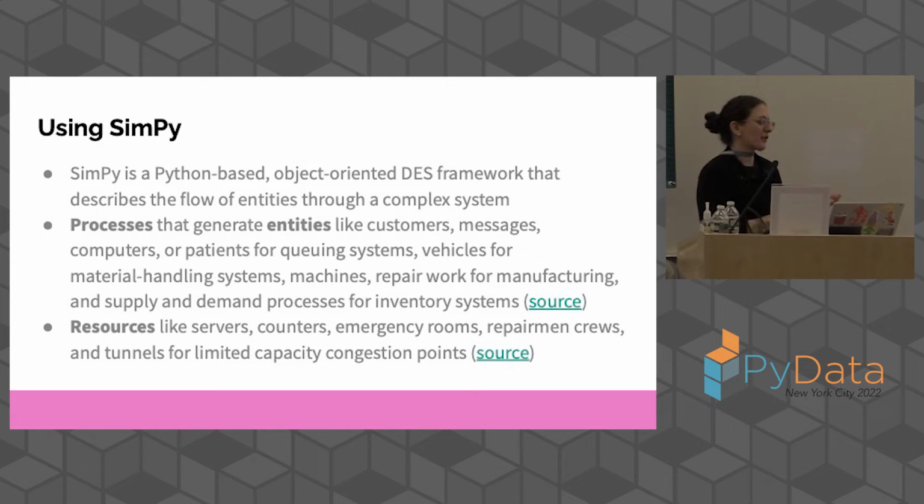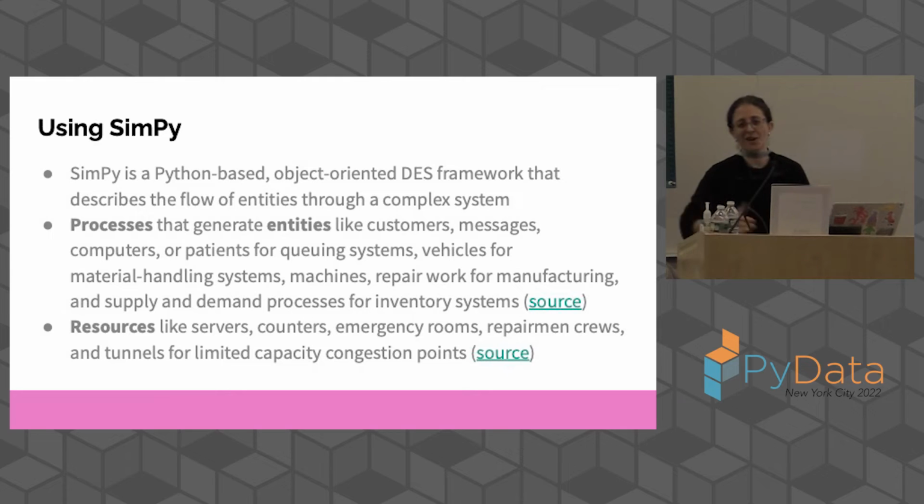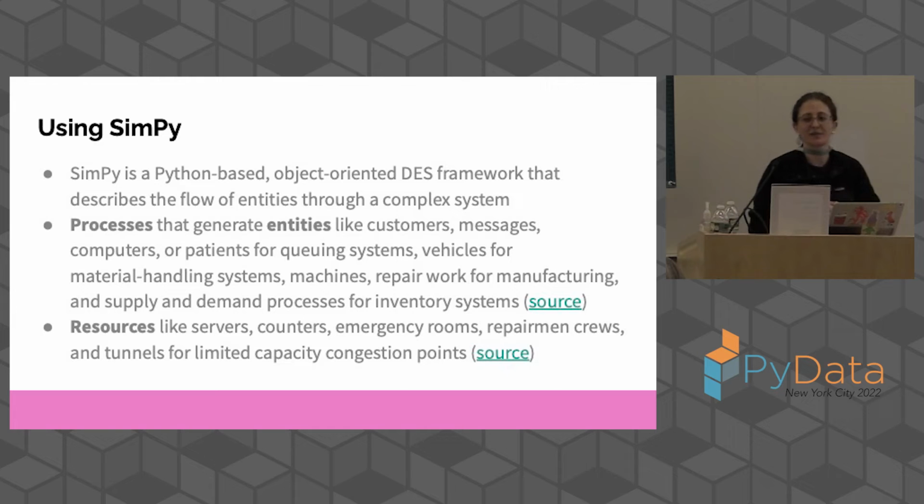Resources would be servers, counters, emergency rooms, repairmen crews, tunnels for limited capacity congestion points. So if you need to put things into a real-world context, I don't understand that, but if you insist, this person has done the work, and here are some examples for you.